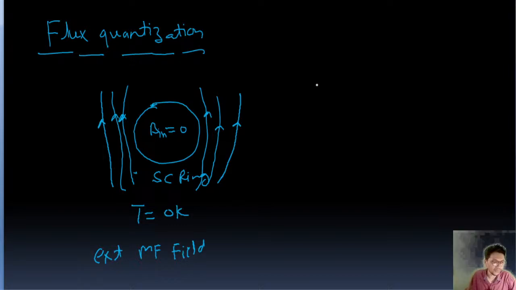But when we remove the external magnetic field, consider this superconducting ring, a circular ring. It's a circle, guys.